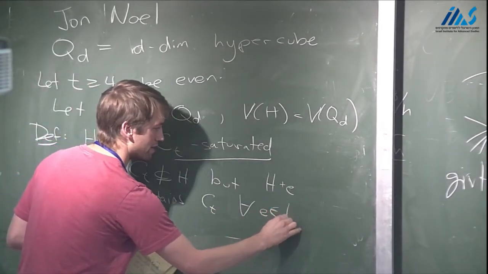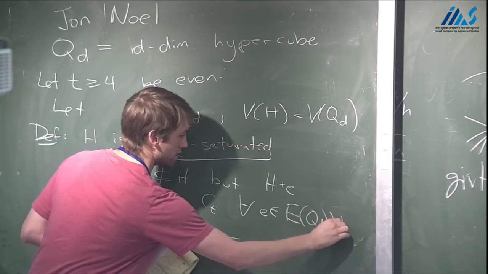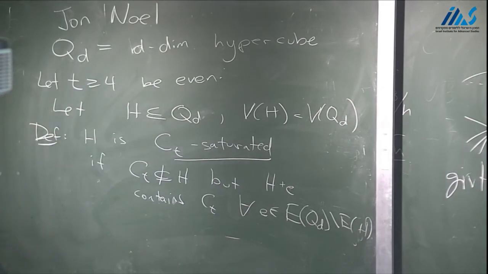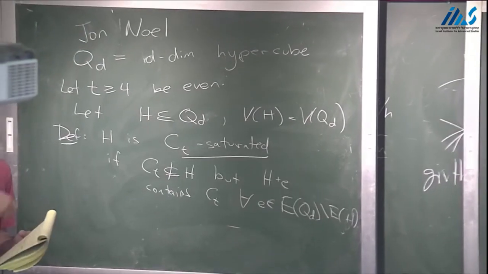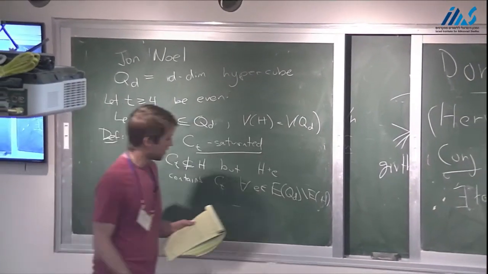So what I mean is for all edges e in E(Q_d) minus E(H). Okay, so right, it's got no cycle of length t, but if you increase the edge set, all of a sudden you get a cycle of length t.